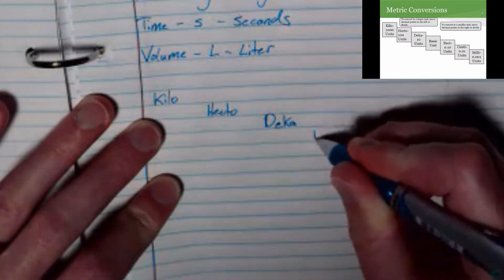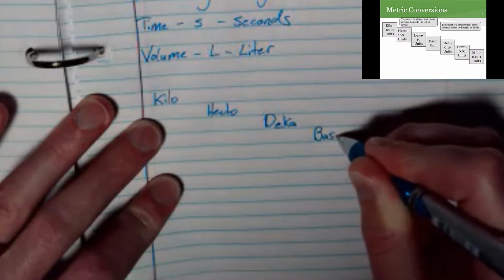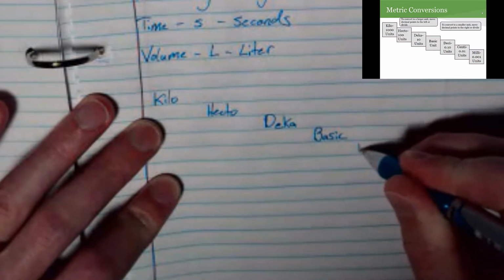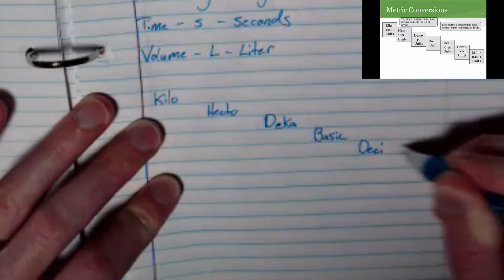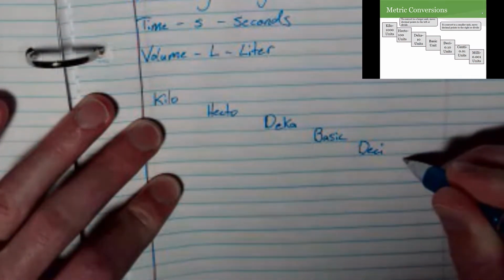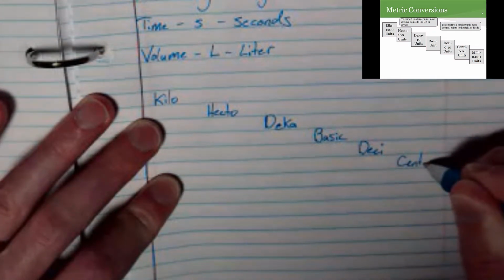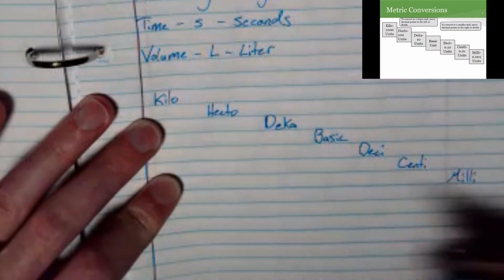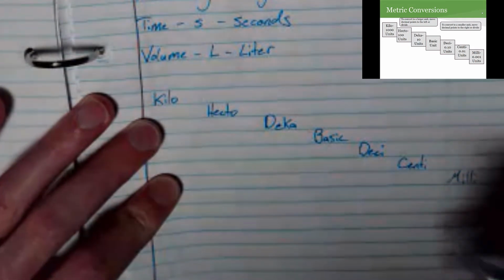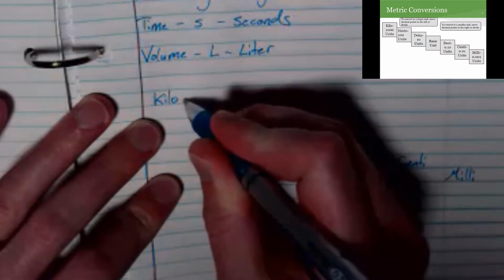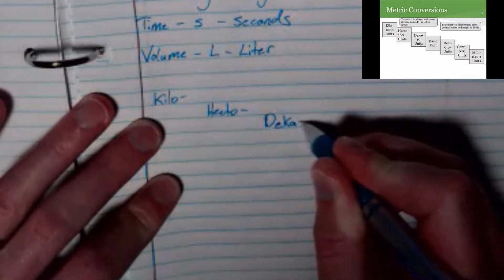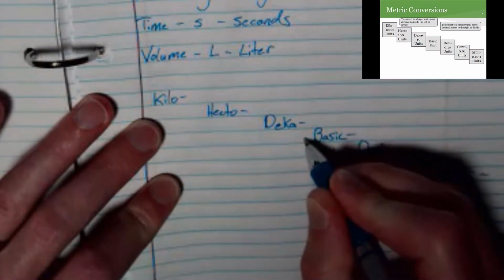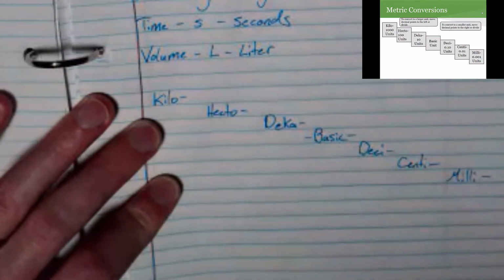And then we have basic. And then deci, centi, and milli. So these are all called prefixes, pre meaning before. So I'll put a little dash after all of them. Obviously basic actually is itself. That is all.